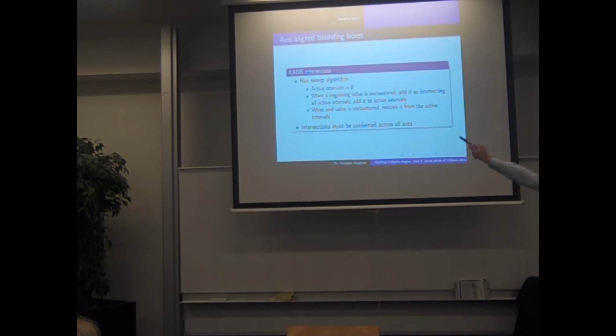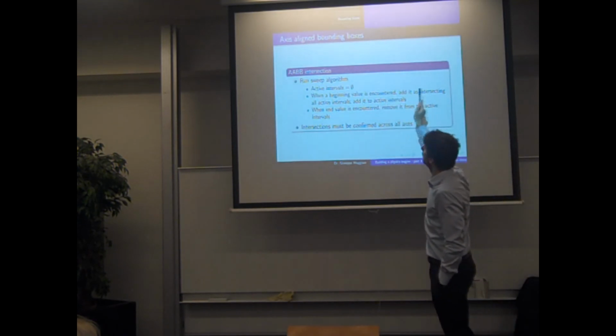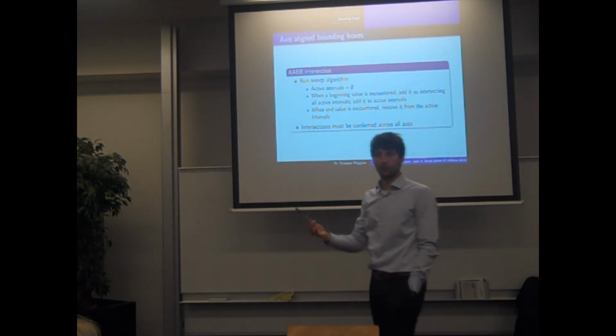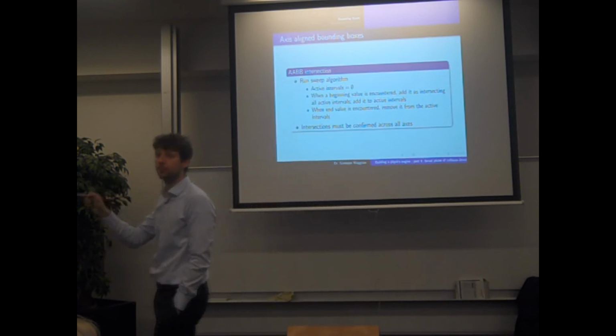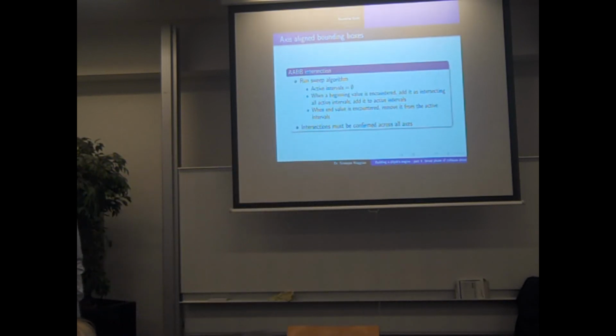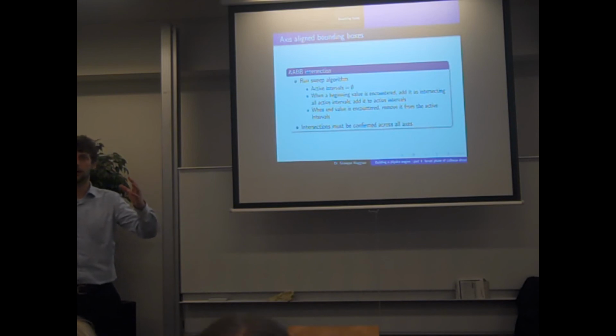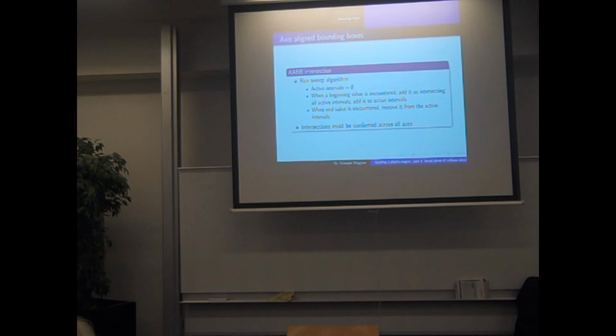So you sweep the list of sorted extremes. When a new box enters, it collides with all the boxes that are open at the moment. When a bounding box is closed, you remove it from the set of active bounding boxes. Can you figure this out?